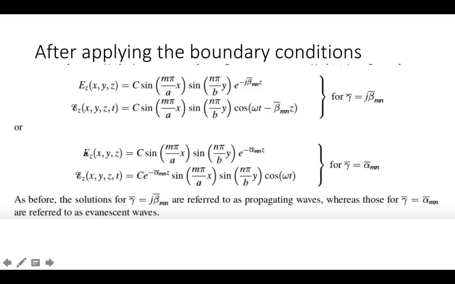So we can go from phasor form to time domain form by taking the real part, and what you find is that for the imaginary beta, we get this cosine of omega t minus beta z, and for the real alpha, that remains in the exponent, and we just generate a cosine of omega t. So basically in the z direction for this evanescent wave, you don't have a traveling wave, you have a cosine distribution that dies away with attenuation constant alpha. So the second set of waves would be evanescent waves, the first set of waves would be propagating waves.